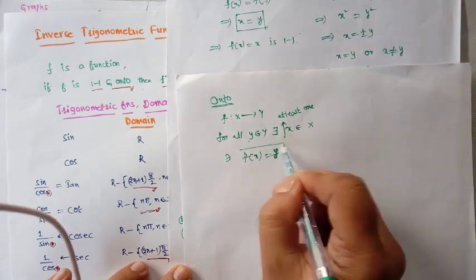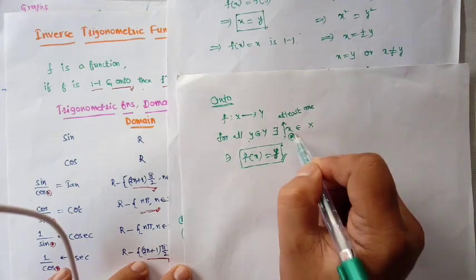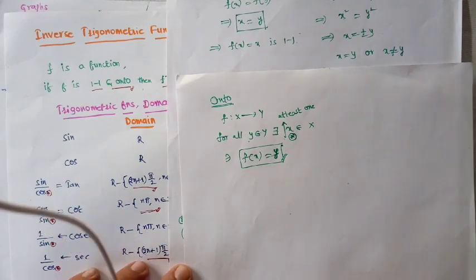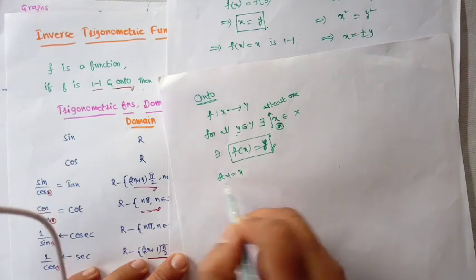So this is the definition of onto, and the most important point here is the existence of a point x from X. Now see, f of x is equal to x.